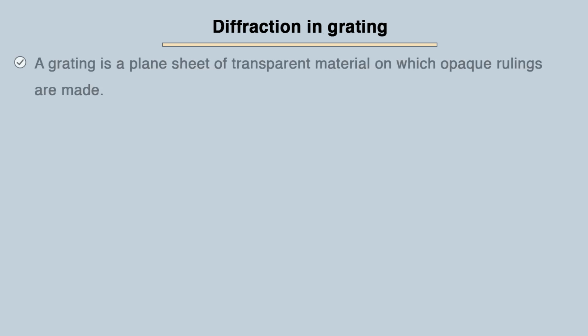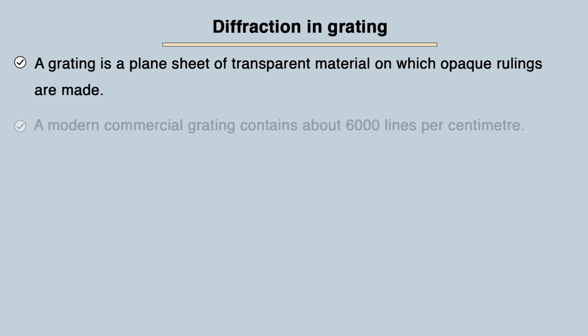A grating is actually a plain sheet of transparent material on which opaque rulings are made using the sharp edge of a diamond. A modern commercial grating contains about 6000 lines per centimeter.